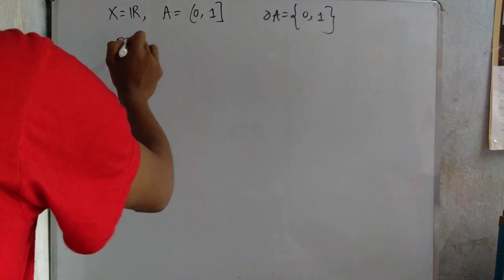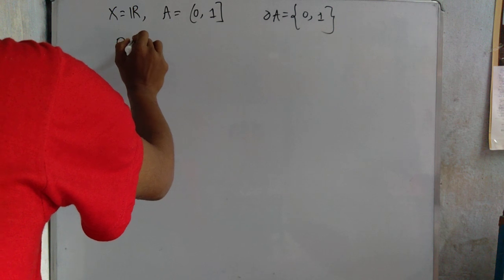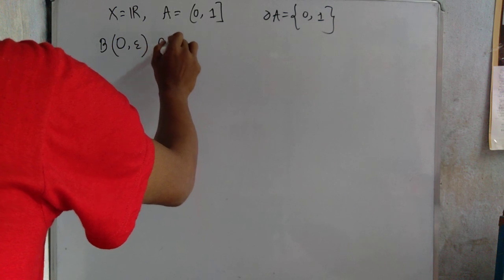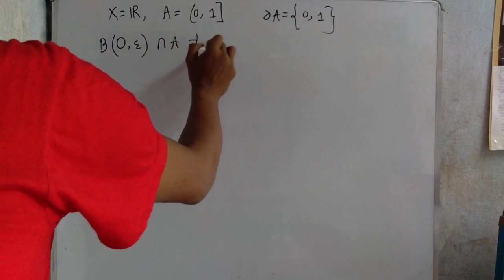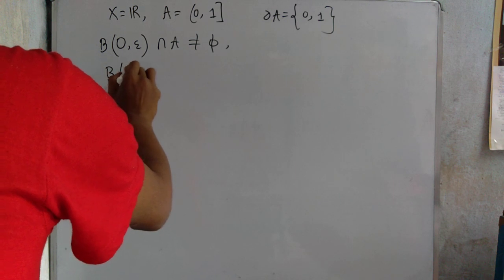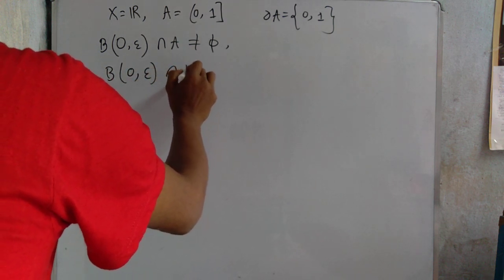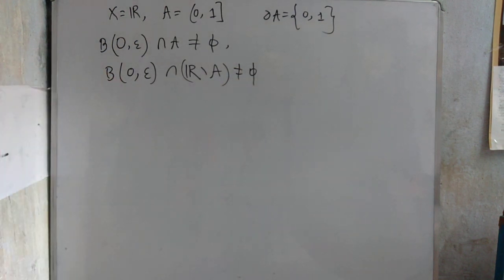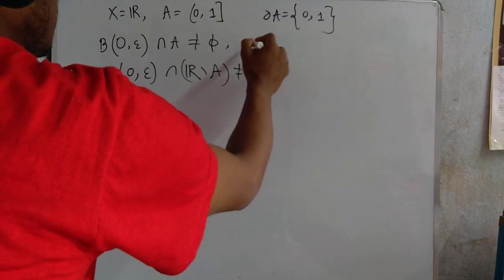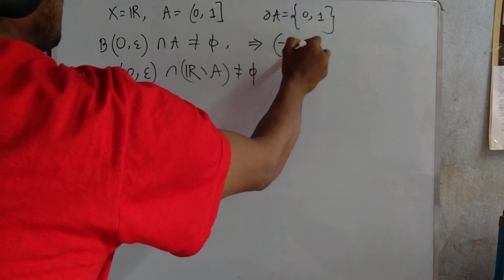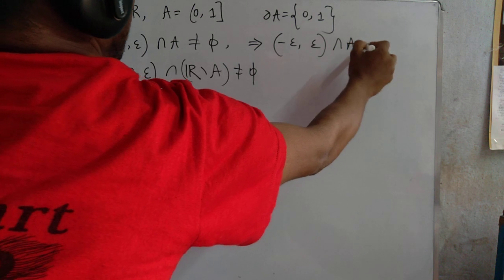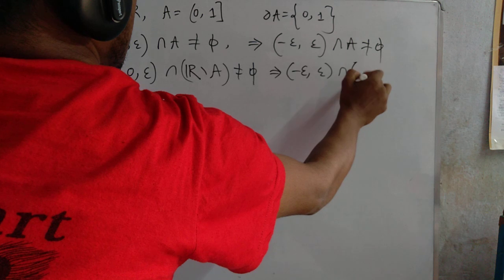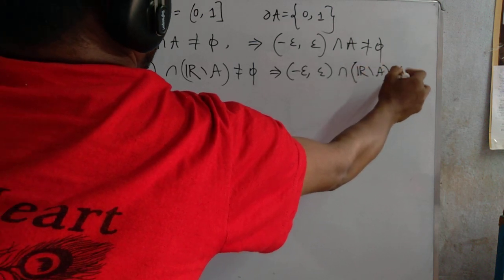Since 0 belongs to the boundary, if we take the neighborhood V(0, epsilon), then its intersection with A is not equal to phi and its intersection with R difference A is not equal to phi. So this happens, since (minus epsilon, epsilon) intersection A is not equal to phi, and intersection R difference A is not equal to phi.